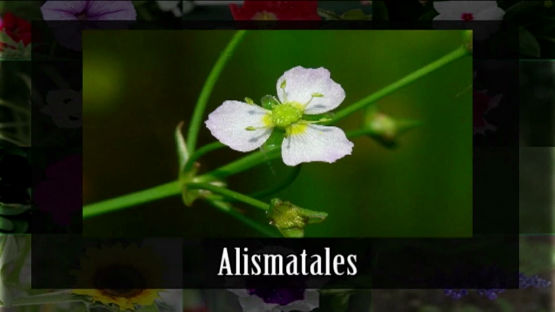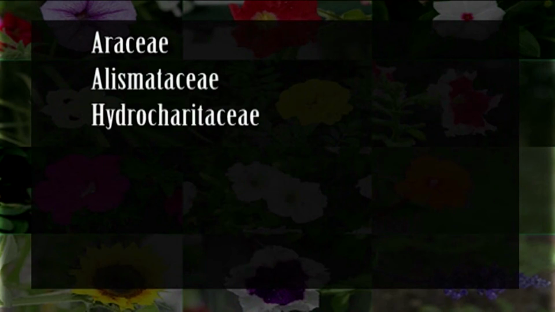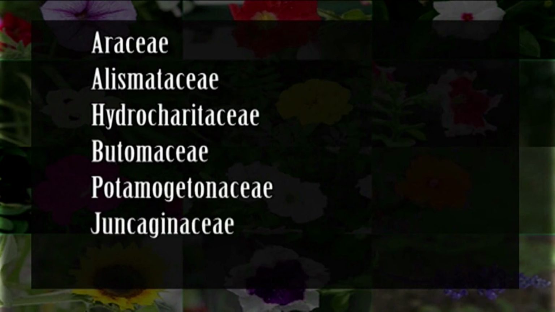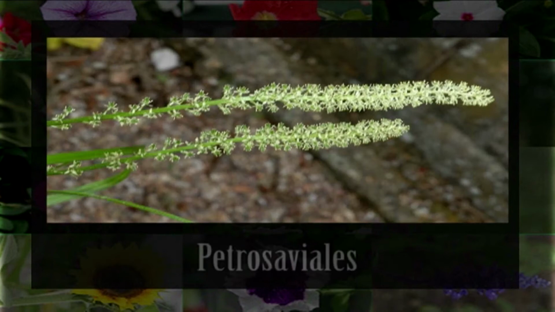This is a large order wherein we have several families distributed. The significant ones are Araceae, Alismataceae, Hydrocharitaceae, Butomaceae, Potamogetonaceae, Juncaginaceae, and Zosteraceae. One more order is Petrosaviales. Again, it's not a large order, but here we have just a single family, Petrosaviaceae.